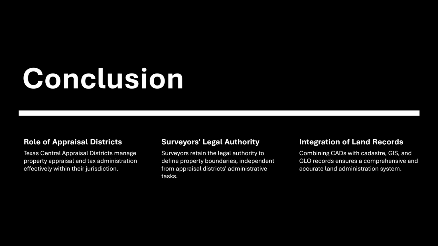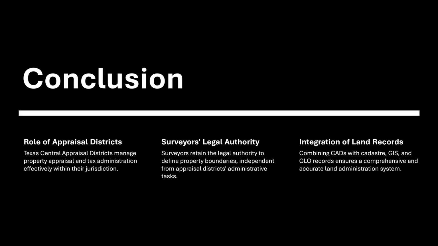At first glance, they may seem unrelated. One manages property taxation today, the other preserves land grant records from nearly 2 centuries ago. But together, they illustrate two sides of Texas land administration, the modern administrative side and the historic foundational side. The CADs exist for one purpose, to ensure fair and uniform taxation.